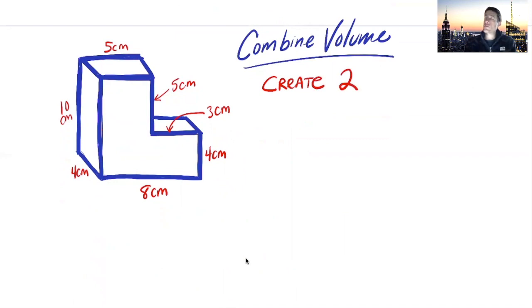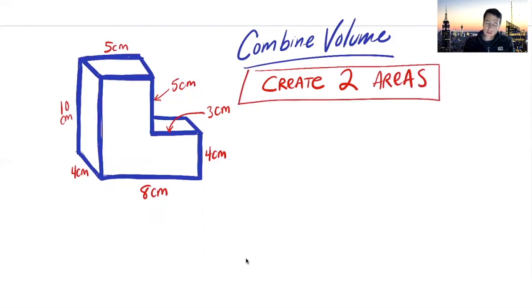Obviously, you can get really crazy and chop it up any way you want, but you want to create two separate areas for this irregular shape. Create two areas, and you want to label them to help keep your work nice and neat. So there's two ways you can cut this.